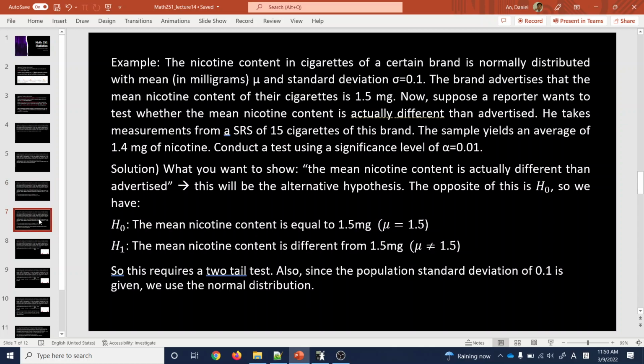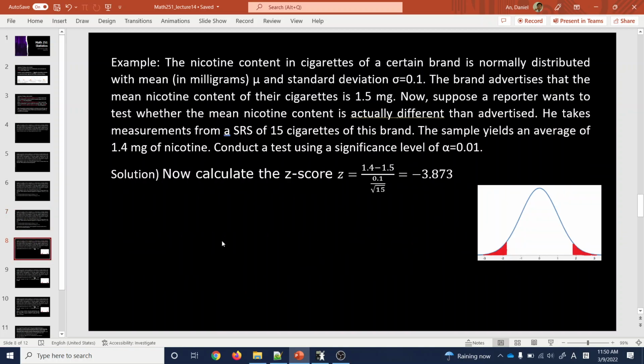So since we have a two-tailed test and the population deviation of 0.1 is given. Oh, okay. I thought this was a t-test, but it's not, because the population standard deviation is given, right? The sigma is given. So we use the normal distribution. So let's continue on.